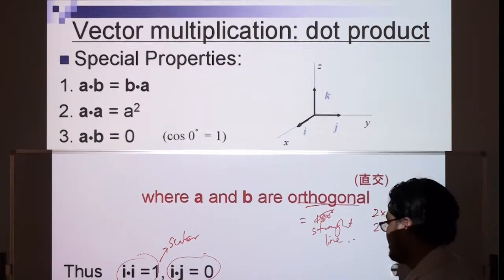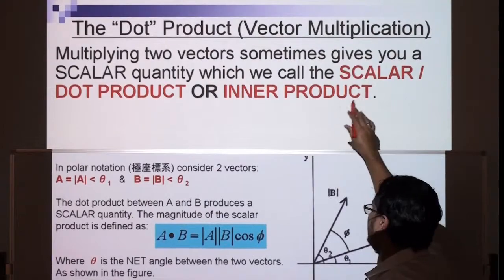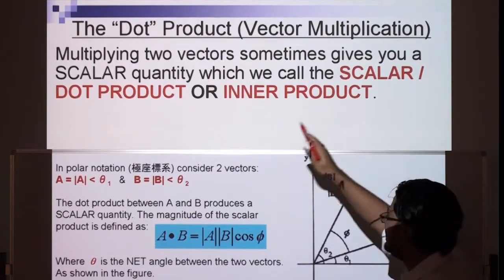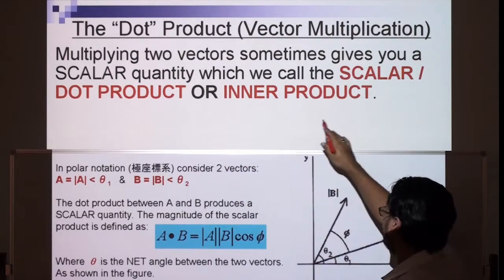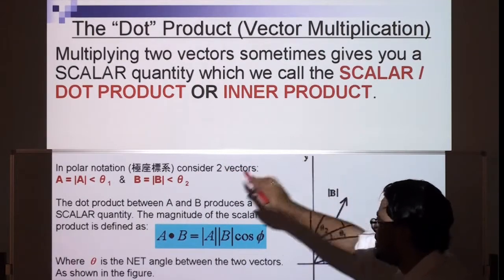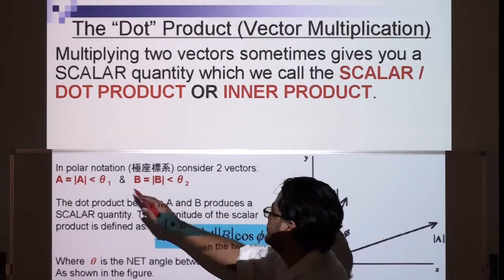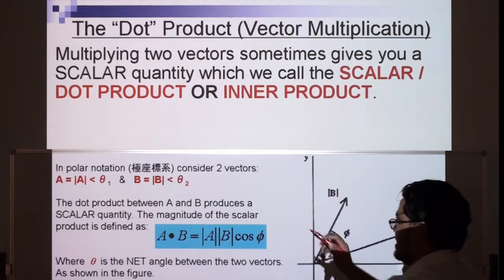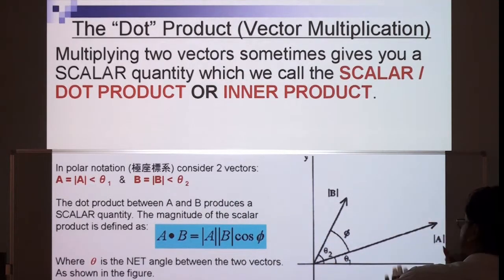Let's move on. Again, the dot product, vector multiplication. Multiplying two vectors sometimes gives you a scalar quantity, which we call the scalar or dot product or inner product, as we mentioned earlier. Polar notation: consider the two vectors, the absolute value of A at angle theta 1, and the absolute value of B at theta 2.